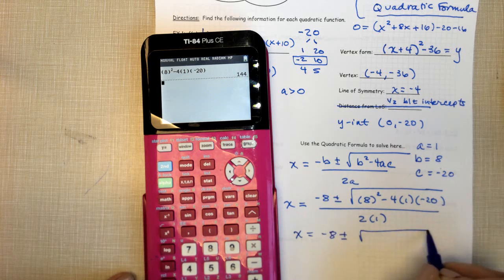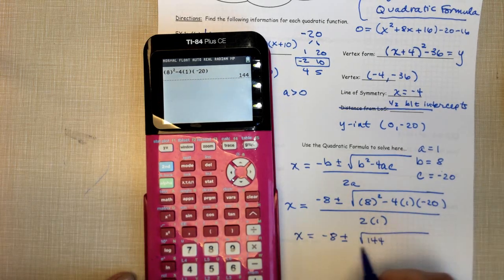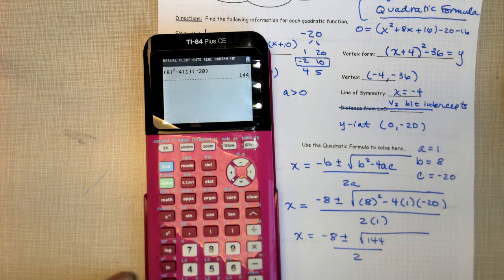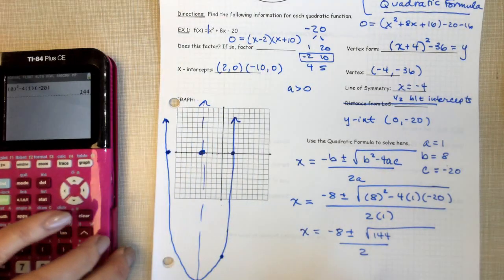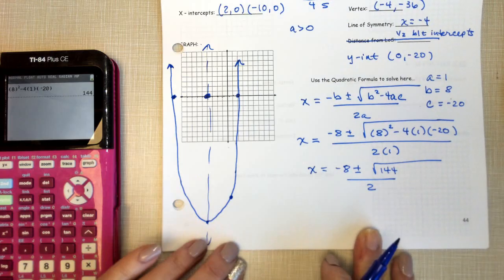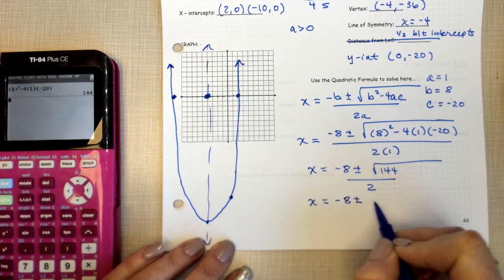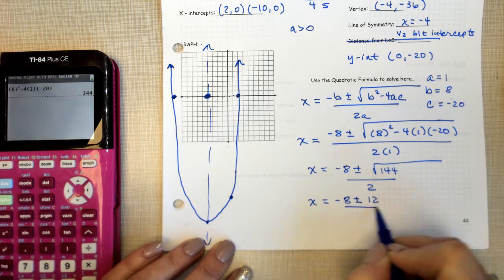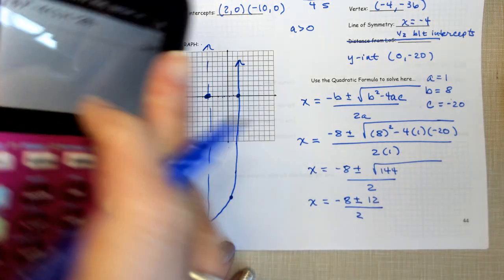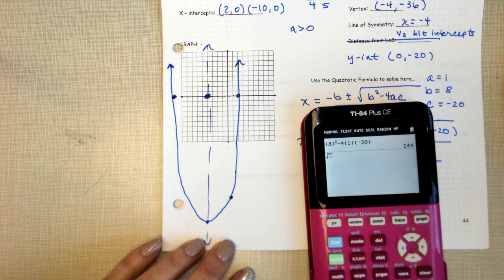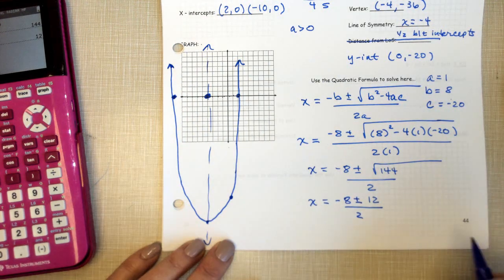I mentioned in the first day of this that the most mistakes kids will make with this is with the mathematics, like the actual numbers. So good old grade school numbers. So the square root of 144 is 12. If you didn't remember that from your chart, of course, you can take the square root of 144 and see that it's a perfect square.